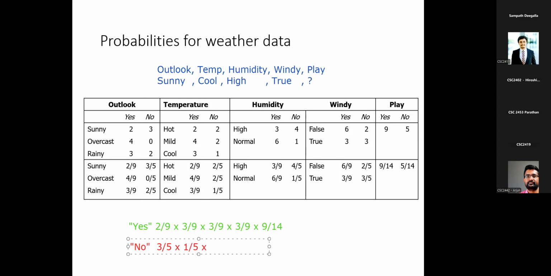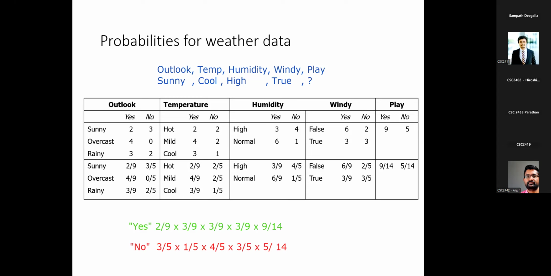Then humidity is high, 4 out of 5. Windy is true, we have 3 out of 5. Finally, we have 5 out of 14. So you have to work on this, and this is what you do.